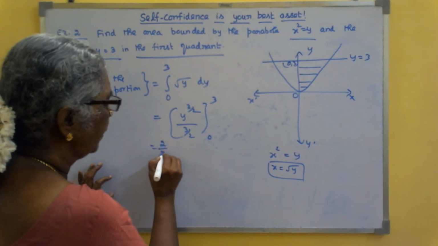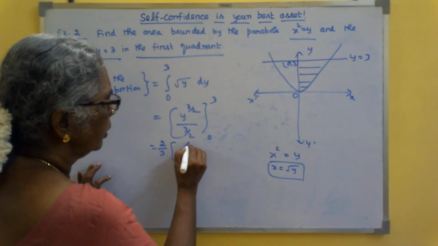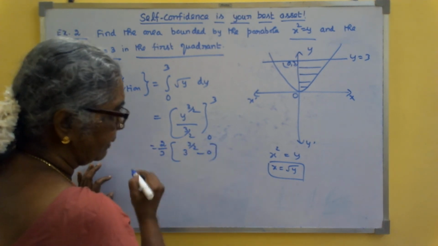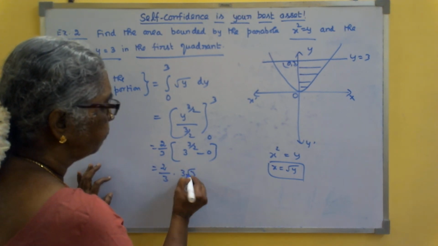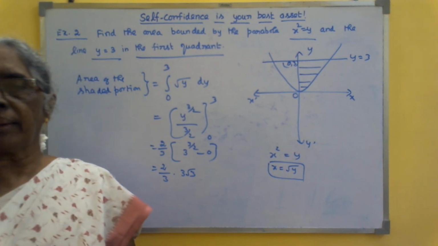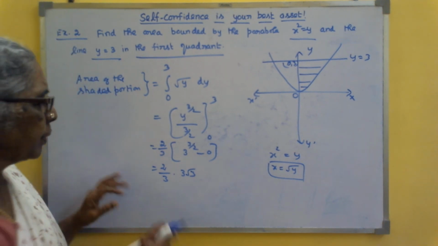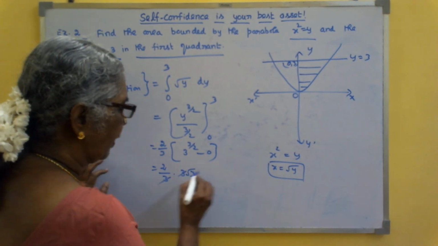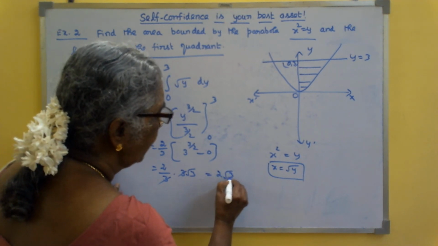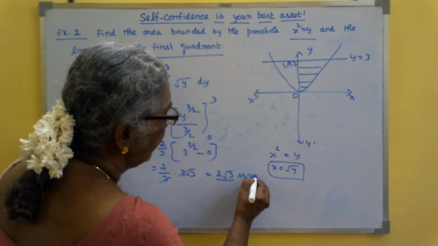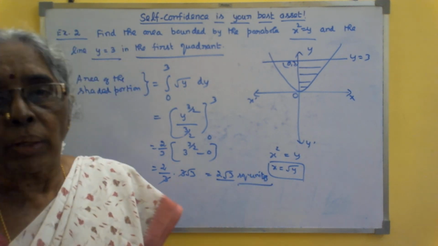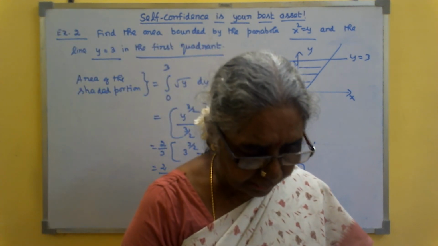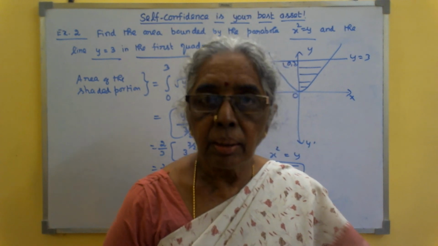So this 3 by 2 I can bring like this. So 3 power 3 by 2 minus 0. So you will get 2 by 3 into 3 root 3. 3 power 3 by 2 is nothing but 3 root 3. So now one 3 will go. So I will be getting 2 root 3 square units. Do you follow? What is the difference between that sum and this sum? Is it clear?